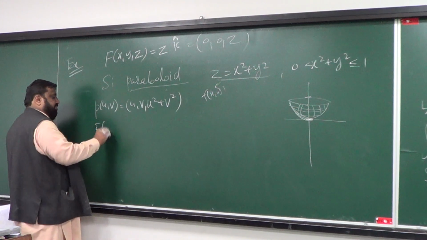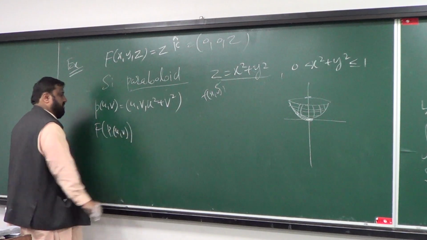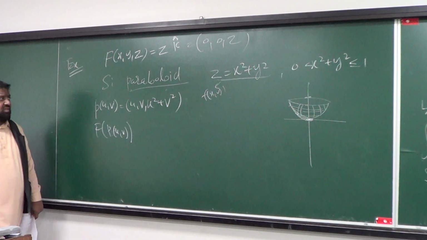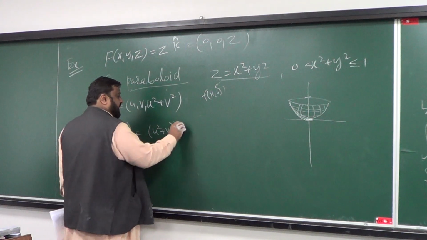So it would be f of p of u v, u square plus v square and k.